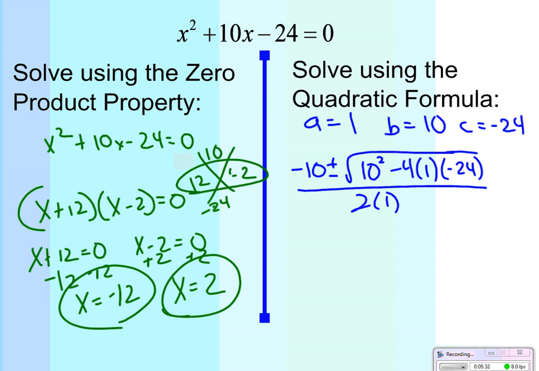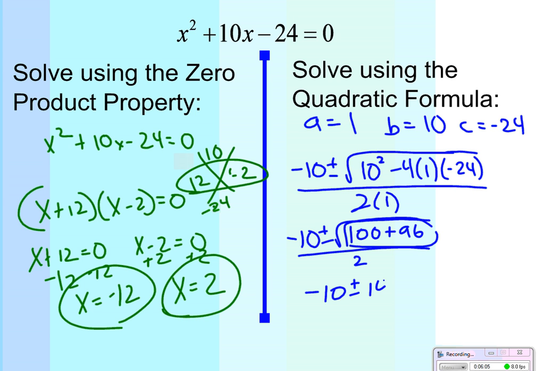Now this becomes negative 10 plus or minus the square root of 100 minus 4 times 1 times negative 24. So this actually becomes addition. 4 times 24 is 96, all over 2. If I add 100 plus 96, that's 196, and the square root of that is going to be 14.